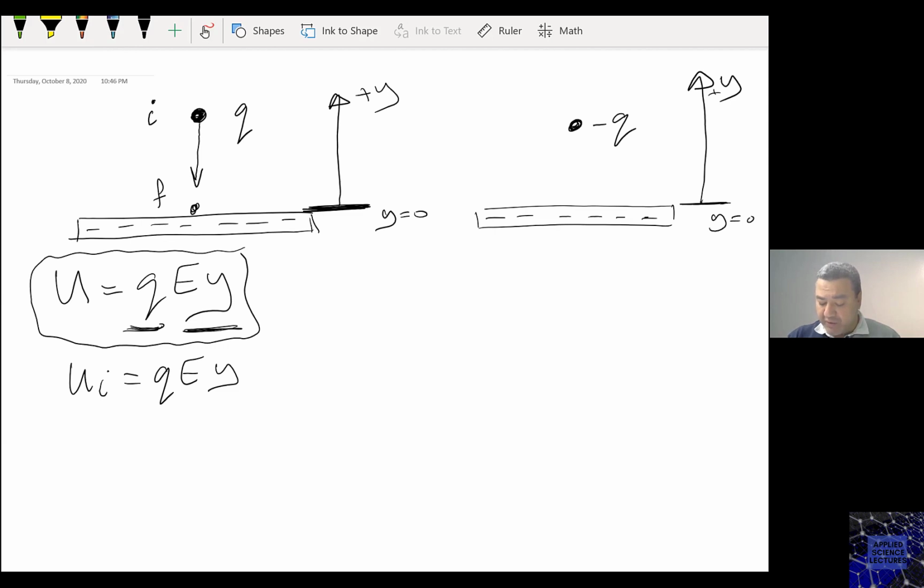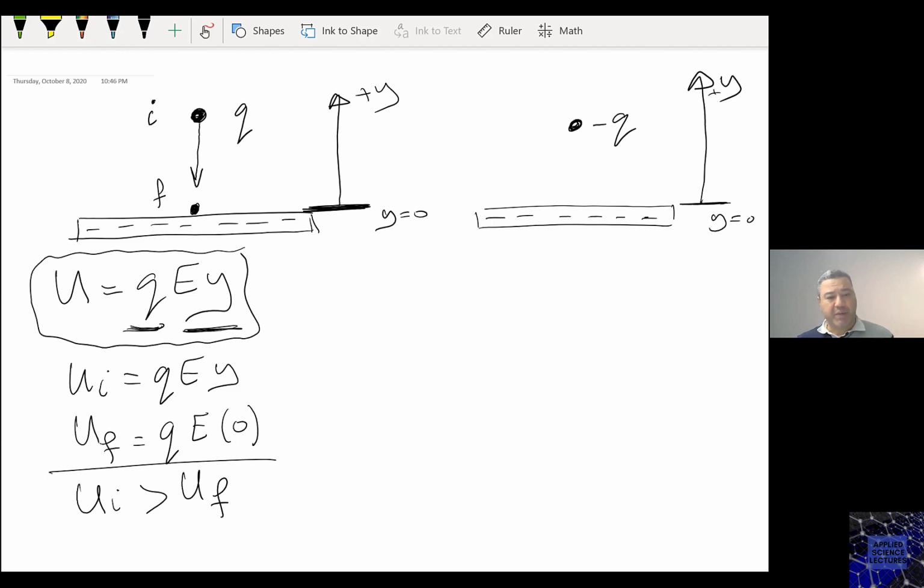However, let's look at UF. UF will be QE times 0, because this is the point that it will reach right before it hits, which means I have UI greater than UF.